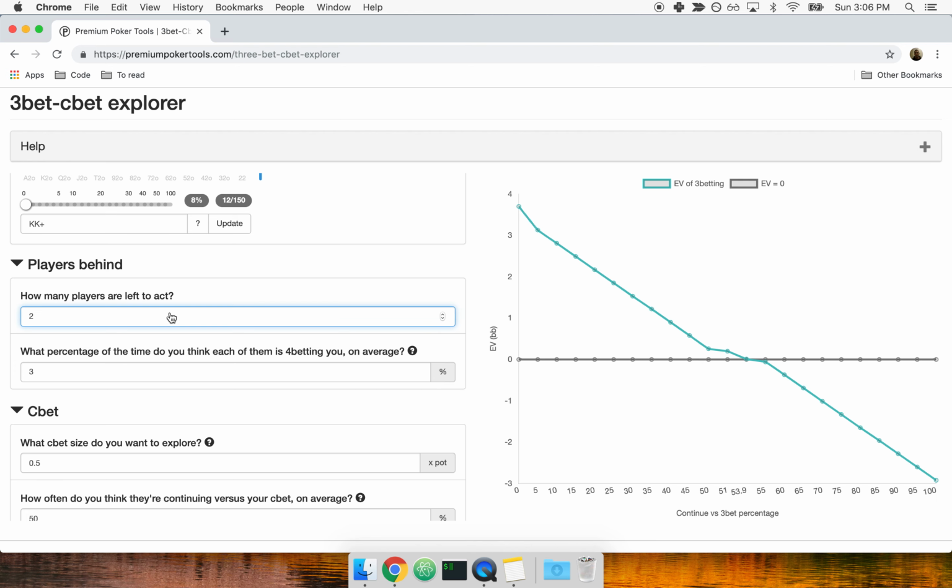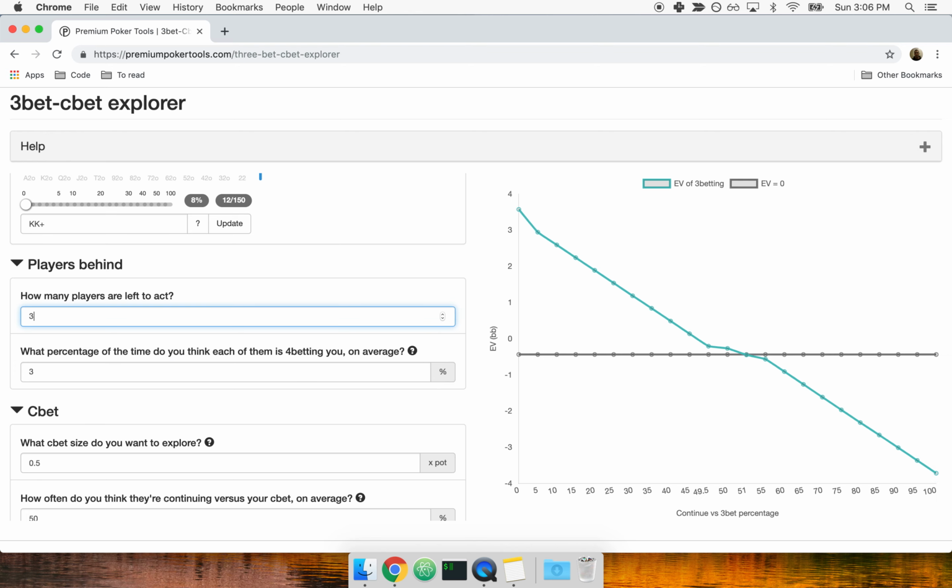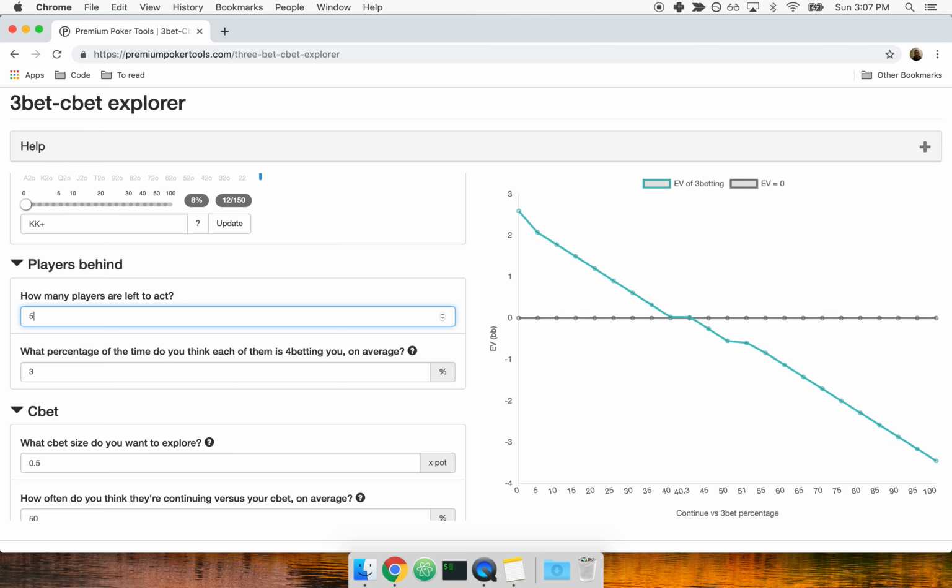Now as we move to worse position, so cutoff, hijack, low jack, middle position, it moved all the way down to 35. That was a pretty big jump. So now when we're in middle position and we have all these people behind us, now we have to worry. We can't just 3-bet blindly because we have to worry about one of them 4-betting us.